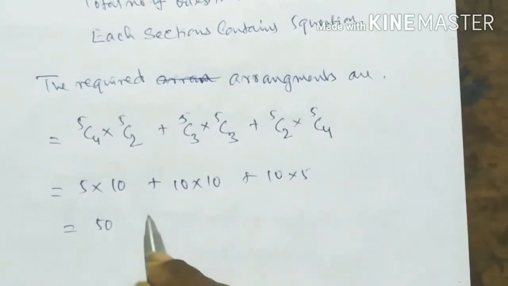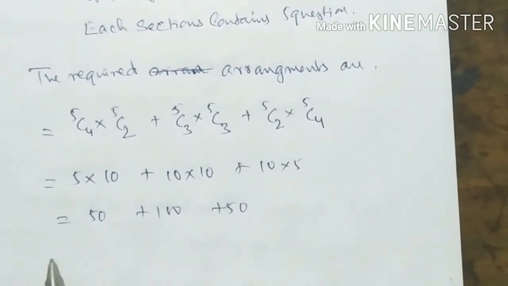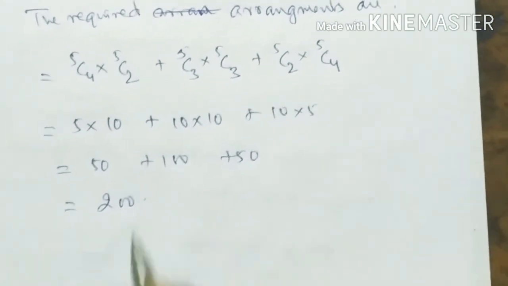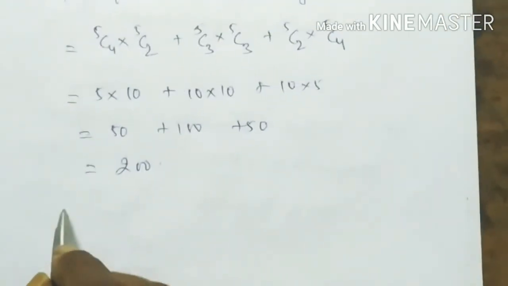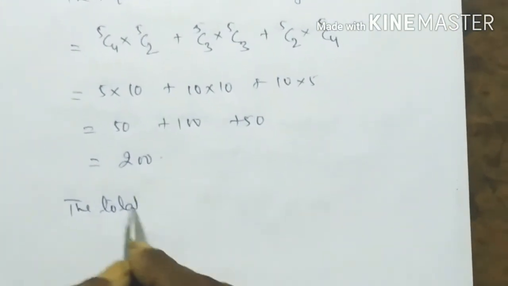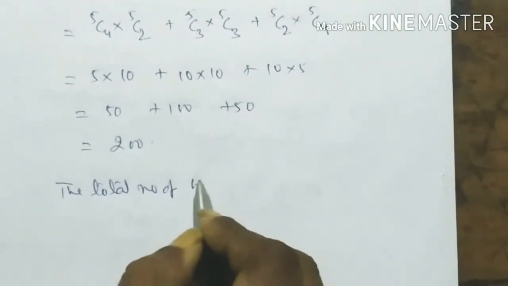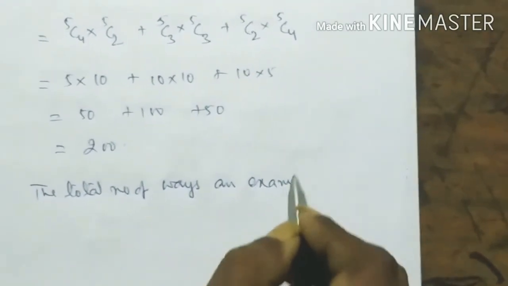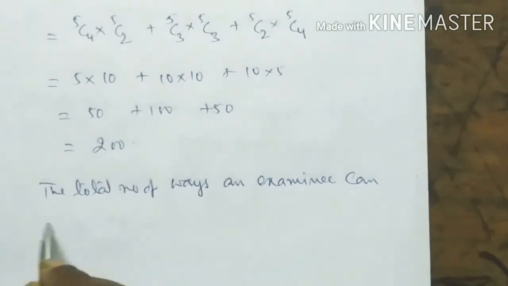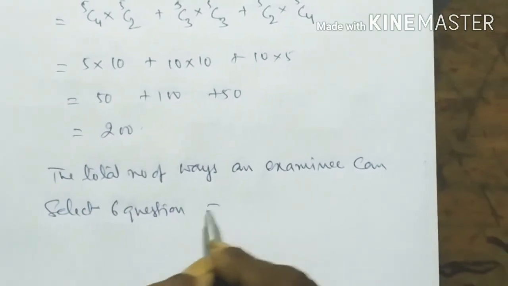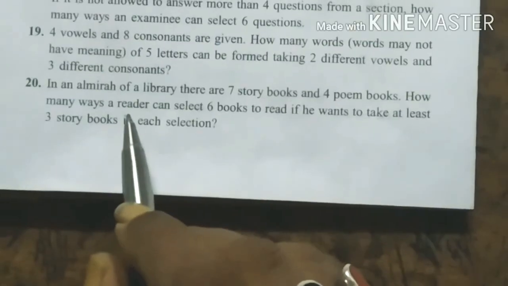That is 50 plus 100 plus 50, which is equal to 200. I can write the last statement like this: the total number of ways an examinee can select 6 questions is equal to 200. Let me see the answer. It is 200.